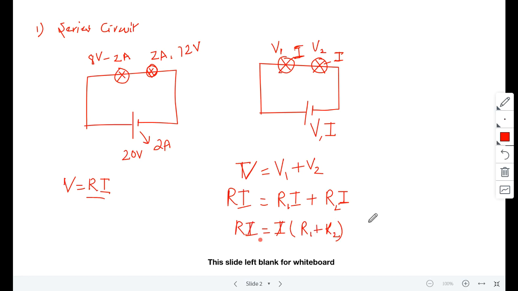So finally, R equivalent for series circuit is R1 plus R2.